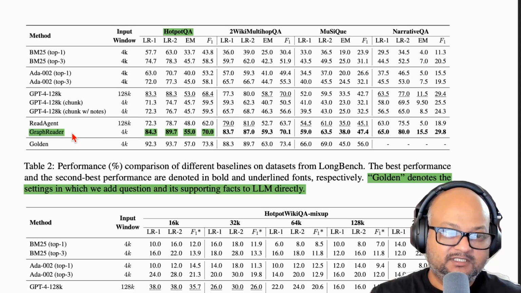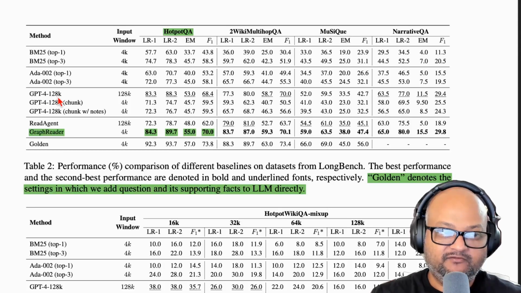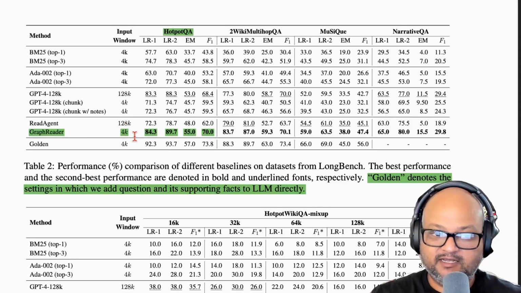And here you can see how GraphReader does much better than GPT-4 with a 128K context window on all these benchmarks, and even much better than traditional RAG with a chunked approach. Importantly, it does so while using only a 4K context window.